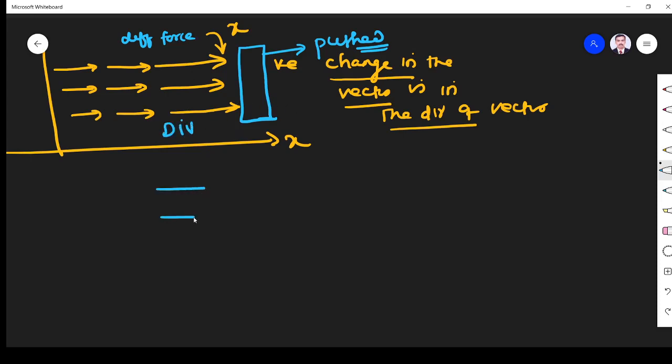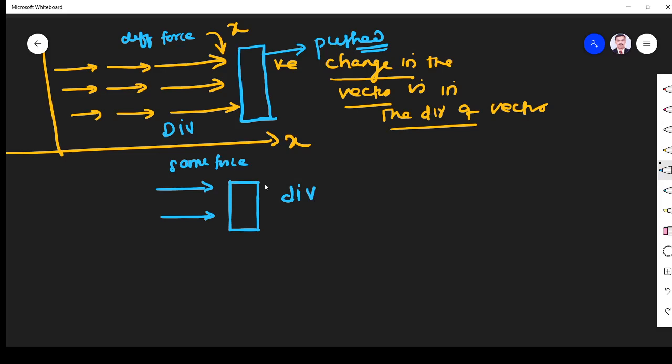Here also we see the same force along the same direction. Even if you keep any object here, it will also be pushed. Again, it will produce divergence only, right? So this is what we have to remember about divergence, right?